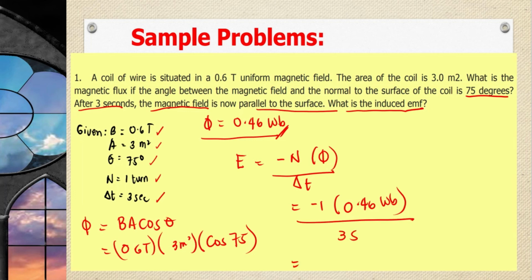So the answer will be 0.15 Weber per second. So that is now our induced EMF. Since this is negative and it is opposing, we put a negative sign on the answer. So that is a sample problem for our Lenz law formula.